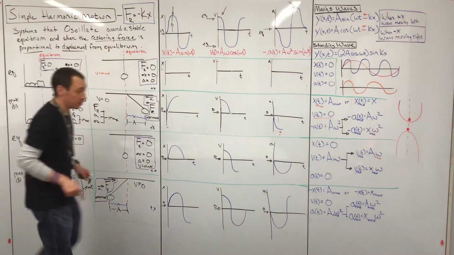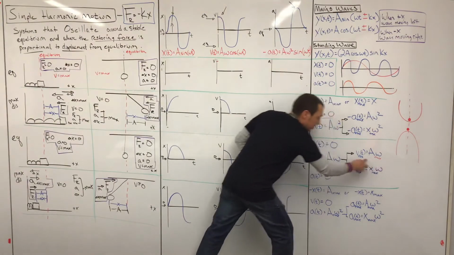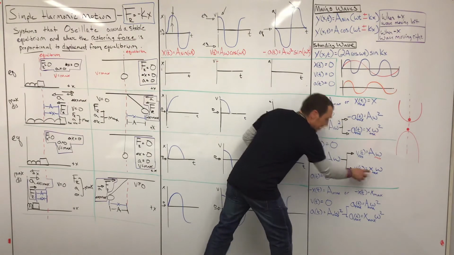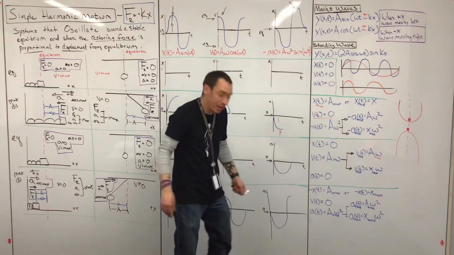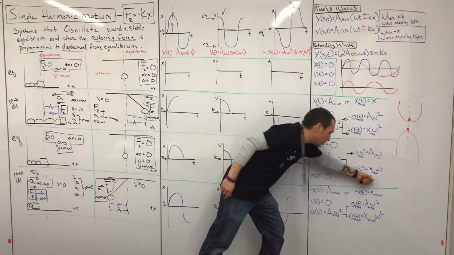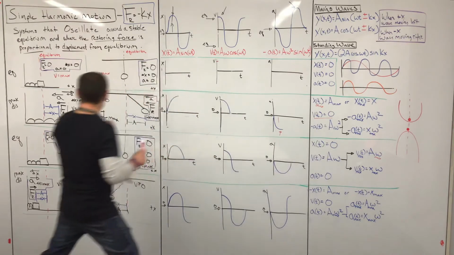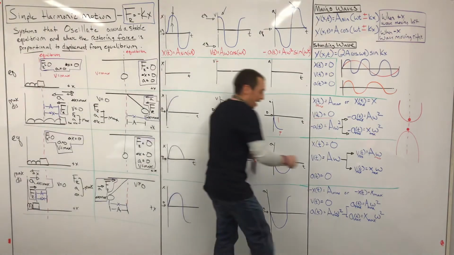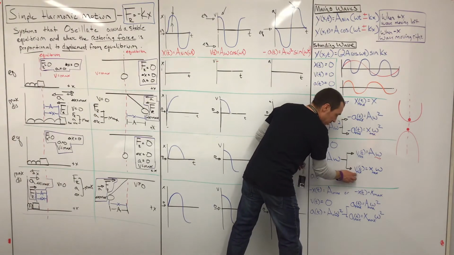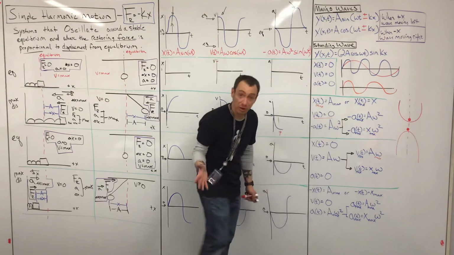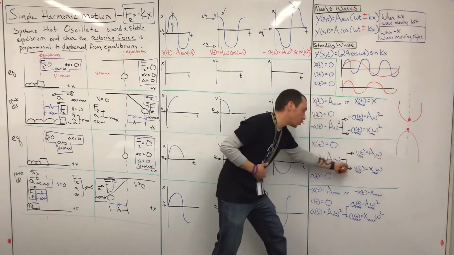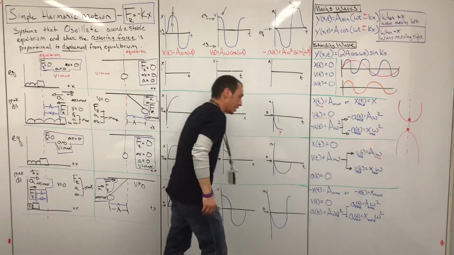So this is the max velocity at equilibrium, and it's dictated by how far you pull it away from equilibrium. That's what this equation is telling you, okay? So don't think that velocity is 0 at equilibrium. It's not. Velocity is whatever speed it is based off how far you pulled it from equilibrium.